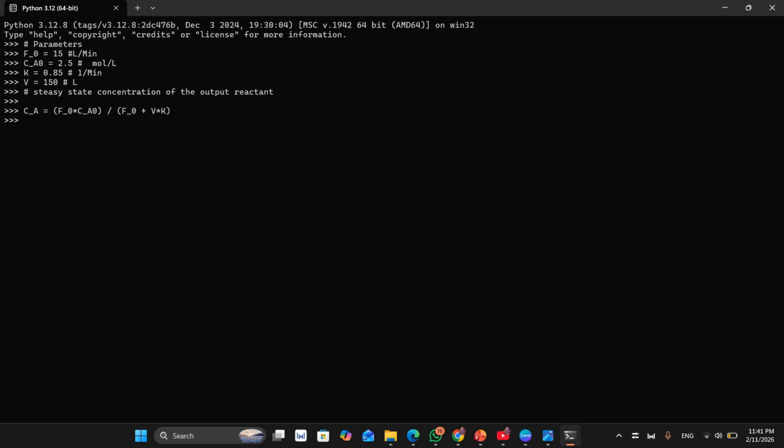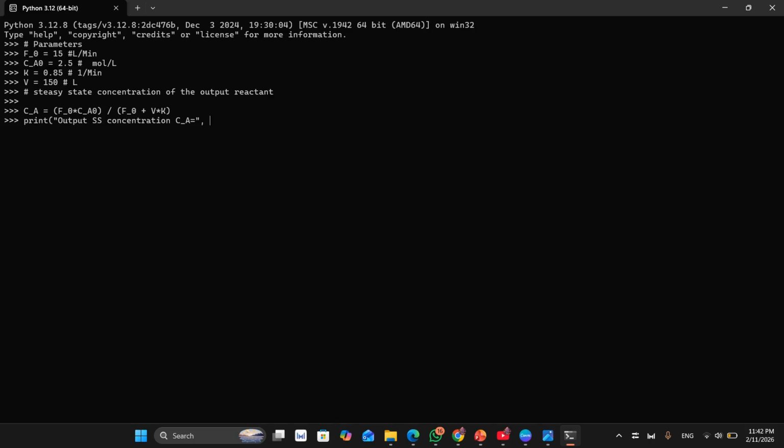Then I'll press enter. Now I'll tell Python to print, then open bracket, then the text "output steady state concentration of C_A", then an equal sign, then a comma.